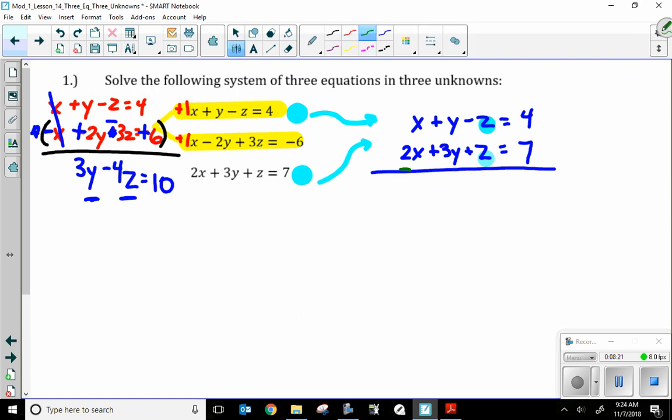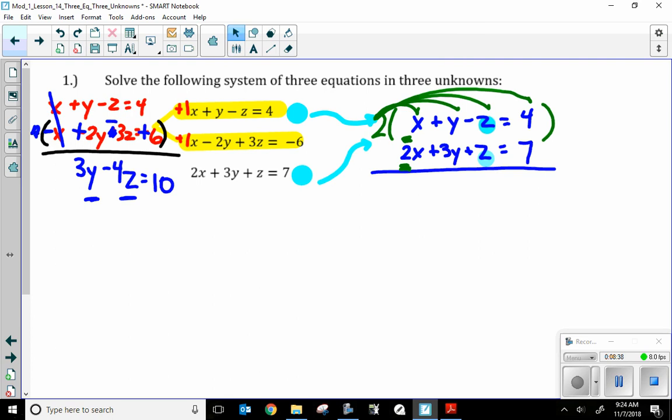I see 2x here, but I don't see 2x here. I've got to multiply everything here by 2, so I can get 2x when I'm all said and done. Everything, including the answer, okay? So I'm now going to rewrite the equations, but I'm going to distribute my 2 to the first one.